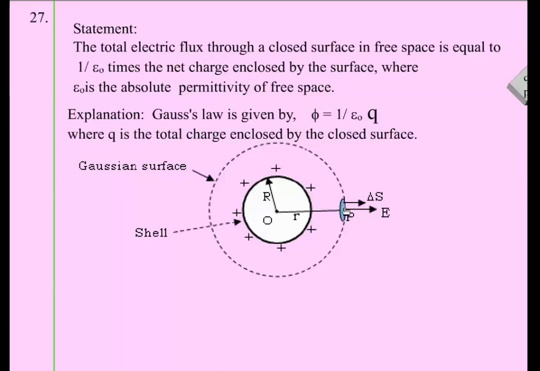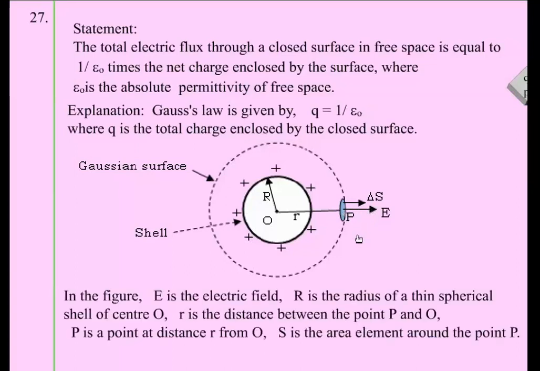Consider a point P at a distance of r from O. So imagine a spherical surface of radius r and center O. This is the Gaussian surface. Consider a surface area around this point. So the surface area is delta S. It is taken as a vector. The direction of this surface area is parallel to the direction of electric field at this point.